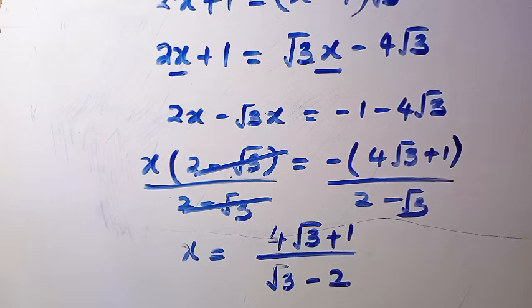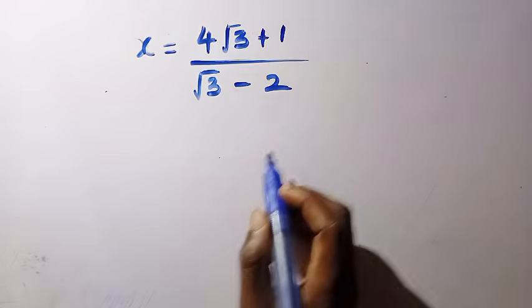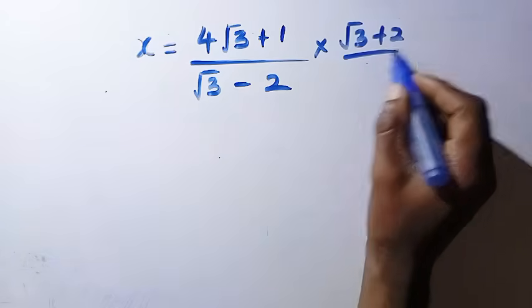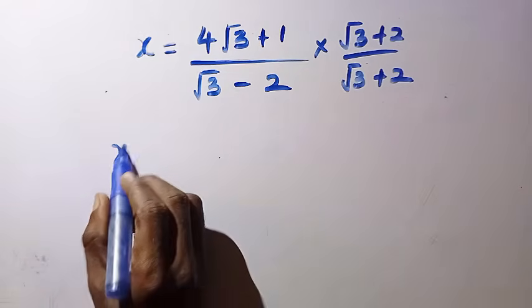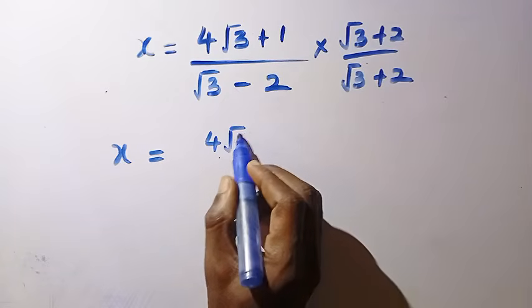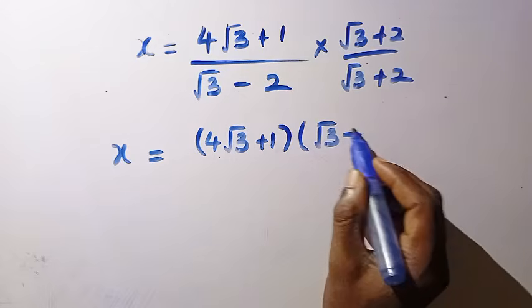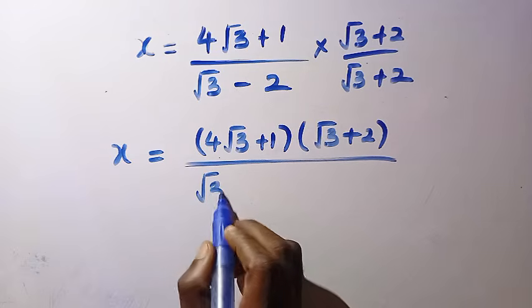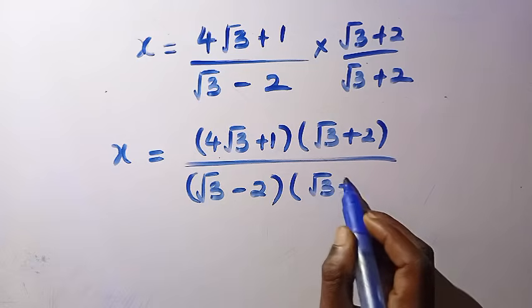So this is for x, but let's try to simplify this by rationalizing. By rationalizing, we multiply this by root 3 minus 2, conjugate root 3 plus 2. So here we have x equals 4 root 3 plus 1 multiplied by root 3 plus 2, divided by root 3 minus 2 multiplied by root 3 plus 2.